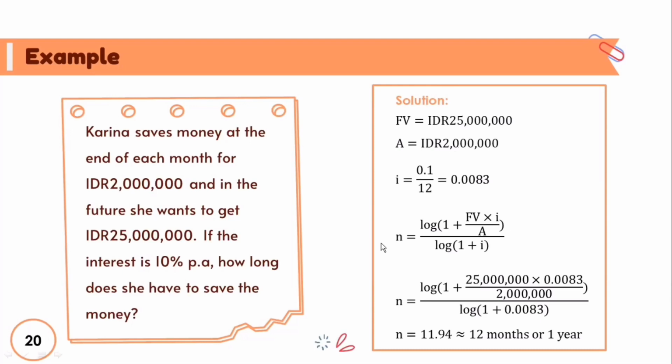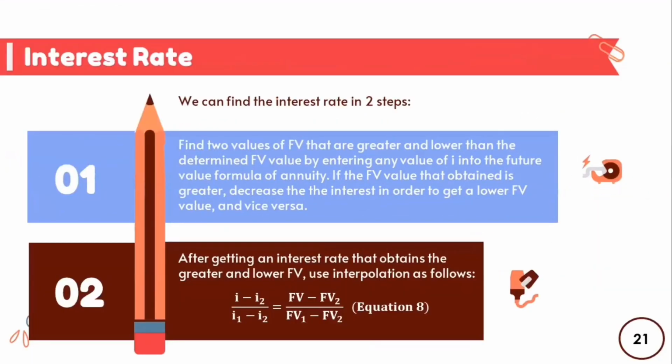So we get n is 11.94 or 12 months or 1 year. So to find the interest rate of future value in ordinary annuity, it's the same as the formula to find interest rate of present value in ordinary annuity.